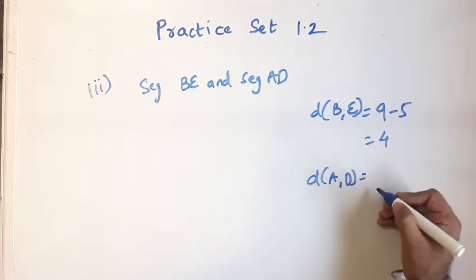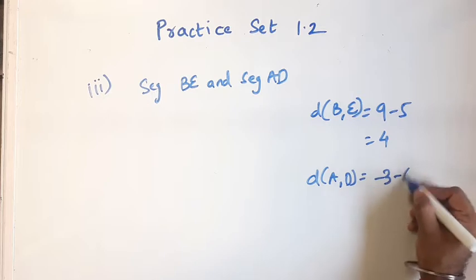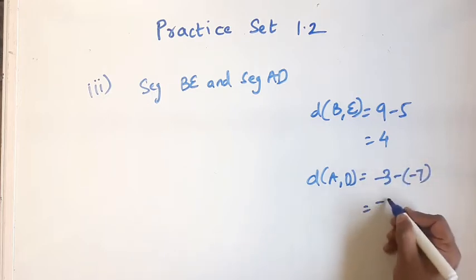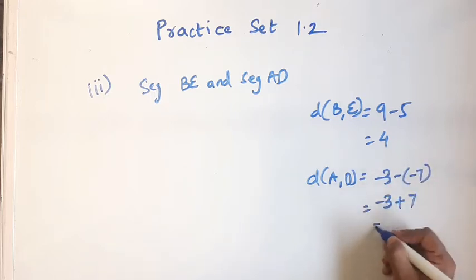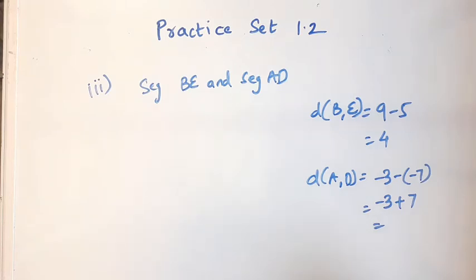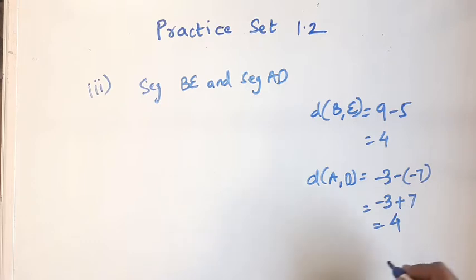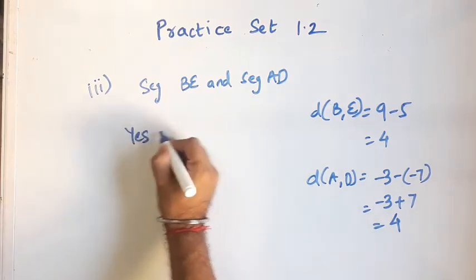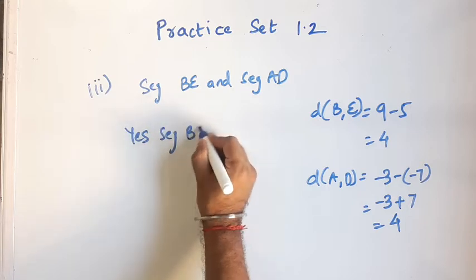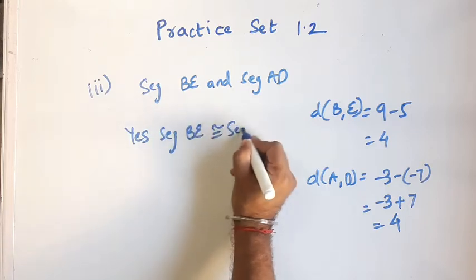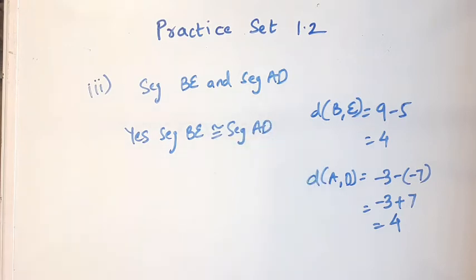AD we recently found, it is -3 minus -7, so it will be -3 plus 7. Okay, so 7 minus 3 will be 4. So yes, segment BE is congruent to segment AD.